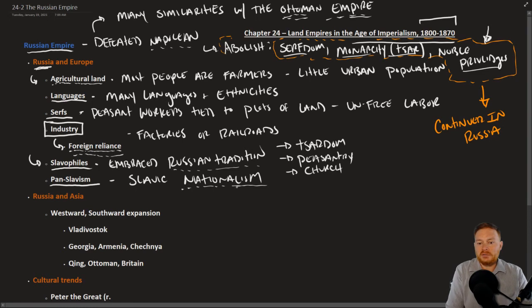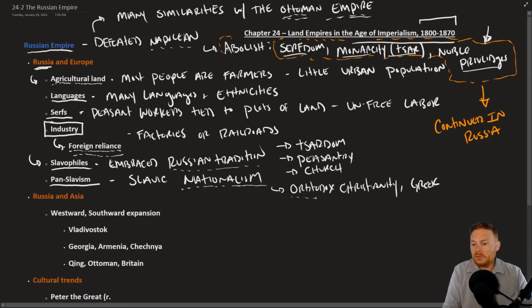In terms of Slavic nationalism, we're looking mostly at religion, so Orthodox Christianity. We're looking at the Greek alphabet being used to write with. And this was especially prevalent in areas where large Slavic populations live.